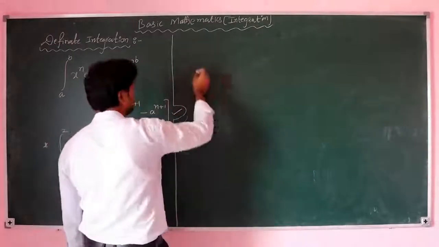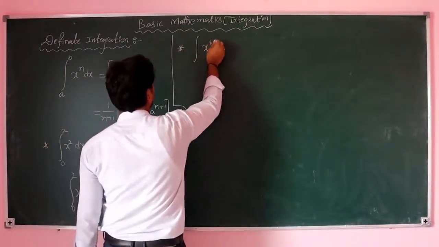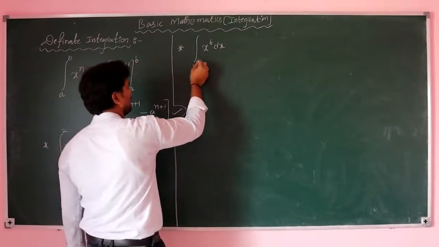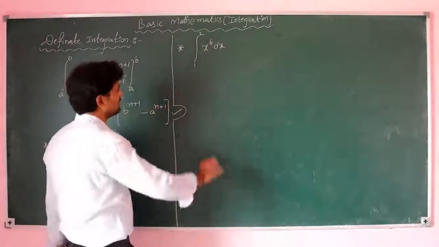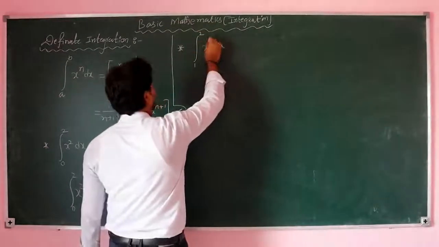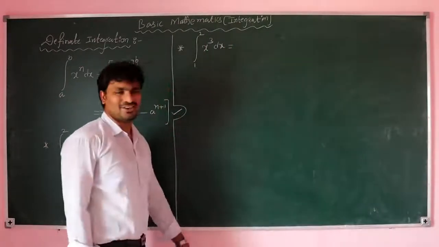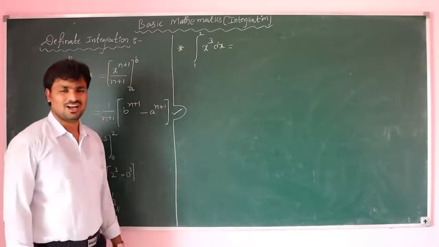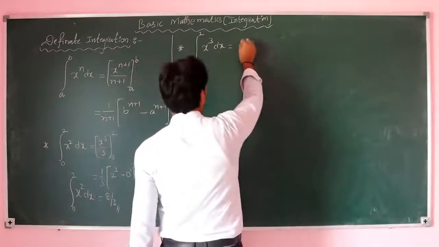we'll use one more. Take here integral x power 6 dx, but integral from where to where? From 1 to 2. Integral 1 to 2, x power 6 means that's going in x cube, you can take x cube dx. First you can take the integration of the x cube. Integration of x cube how much?